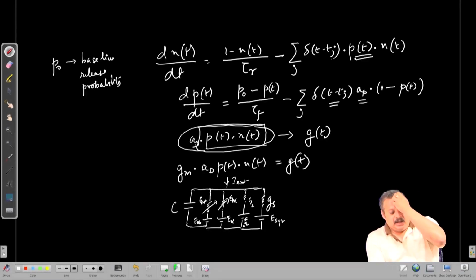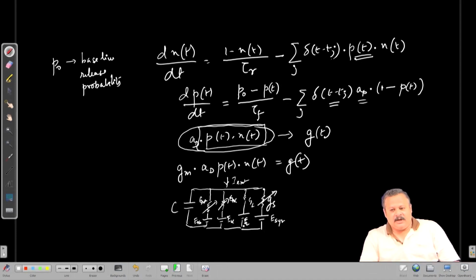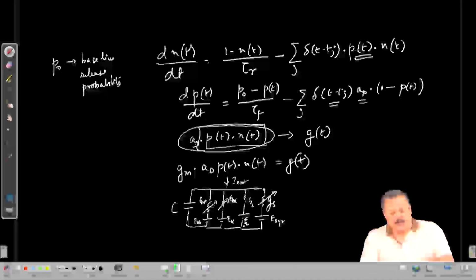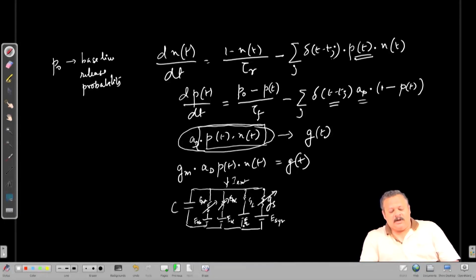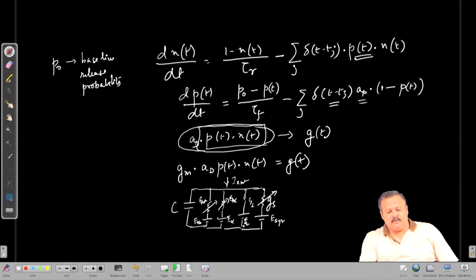In this side, and this GS, whenever there is a spike after a resting stage, will produce a current that will be driven into this circuit. So it is almost like a source.